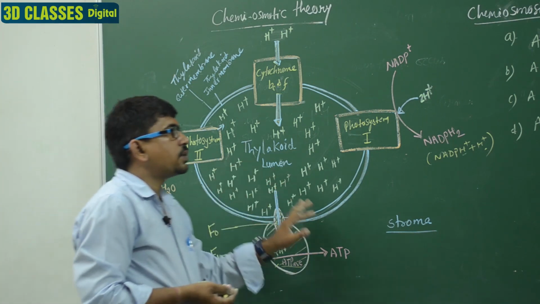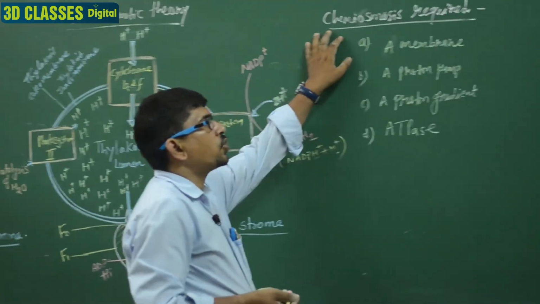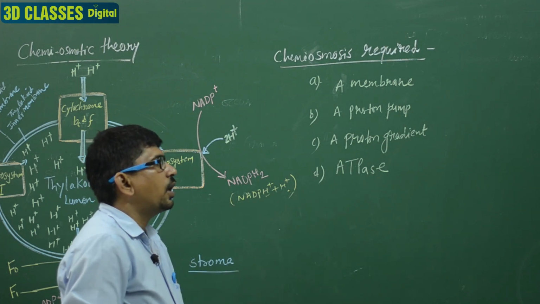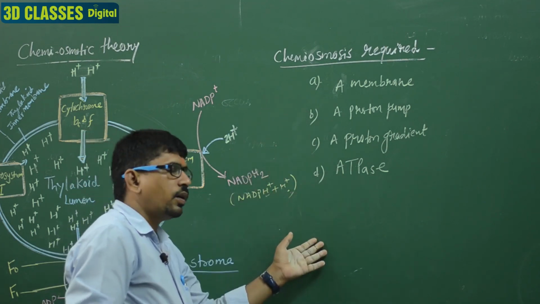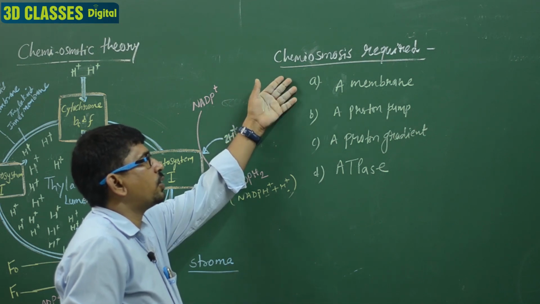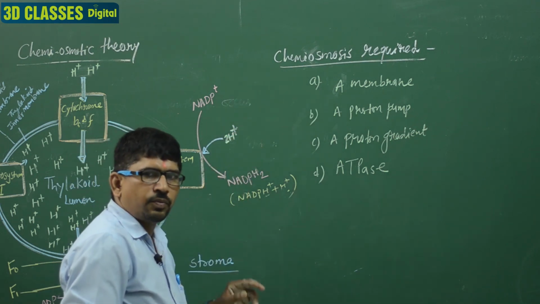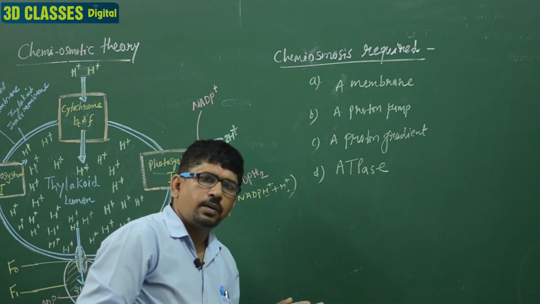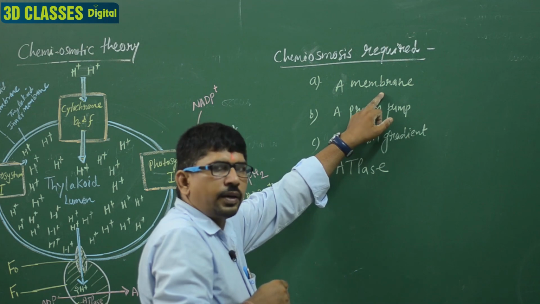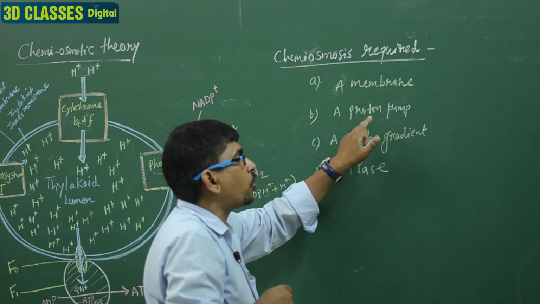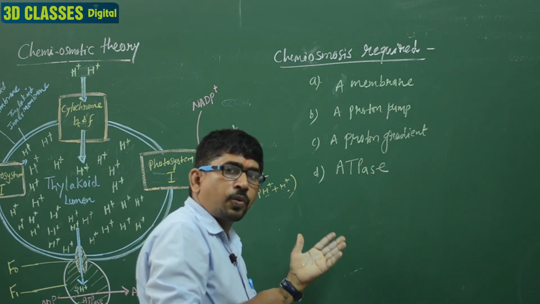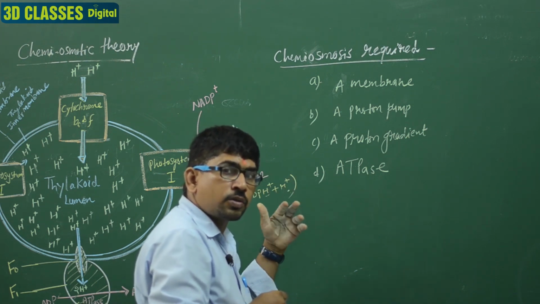Okay, and next we discuss what chemiosmosis requires. That is a very important question for medical exams. This is the option, and there are four points here. Chemiosmosis requires a membrane for making the proton gradient. A membrane is required, that is the thylakoid membrane. Proton pump, because the protons are pumped from inside to outside, also outside to inside.